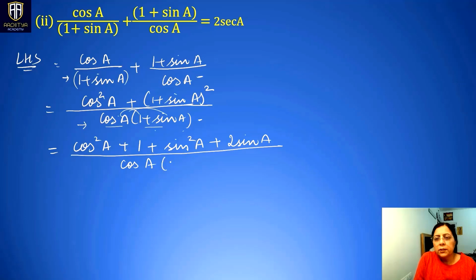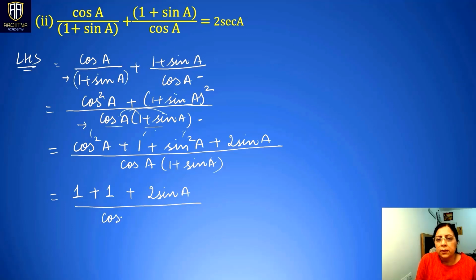So we have cos A multiplied by 1 plus sine A. Here we have cos square A plus sine square A, which is 1. 1 more 1. 1 added to 1 plus 2 sine A. So now we have cos A into 1 plus sine A in the denominator.